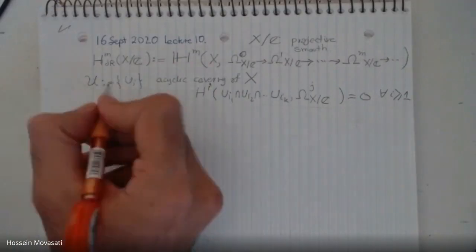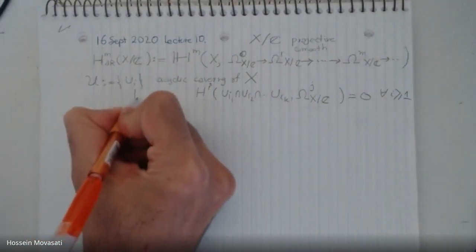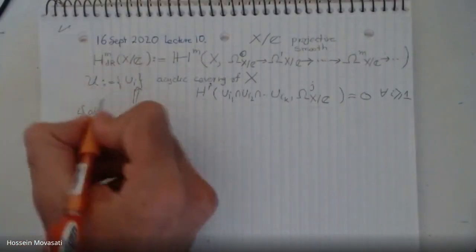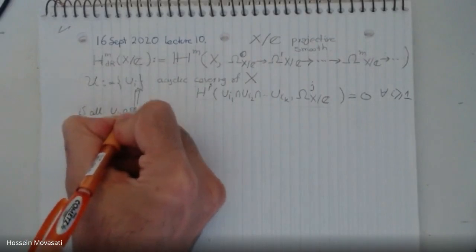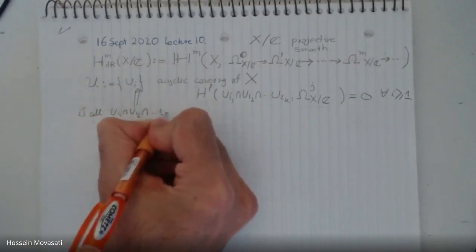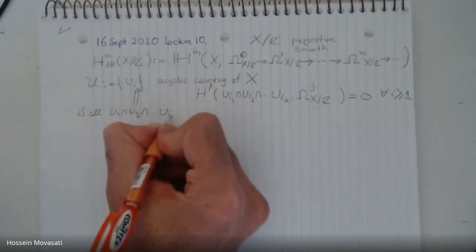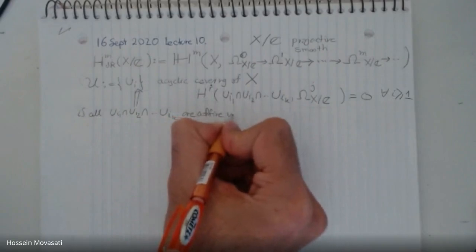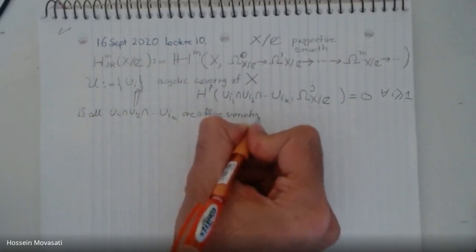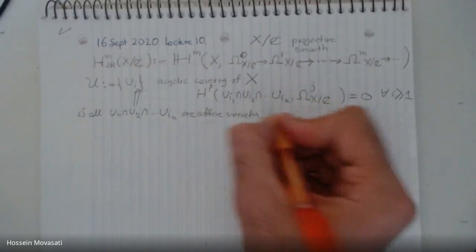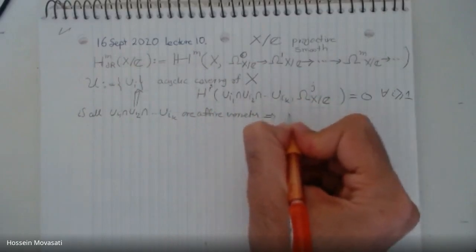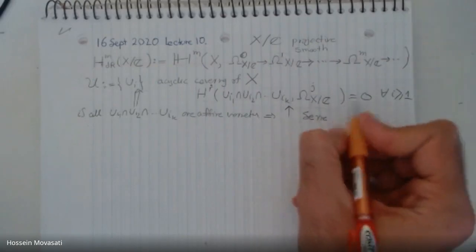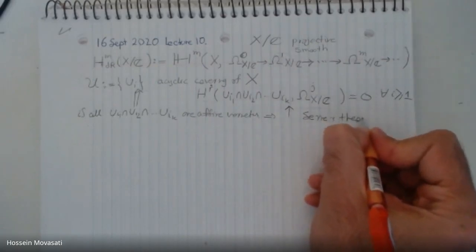But before proceeding further, let me remember: if all U_{i1}, U_{i2}, and all these intersections U_{ik} are affine varieties, then this is what is stated here. It is actually Serre's theorem.